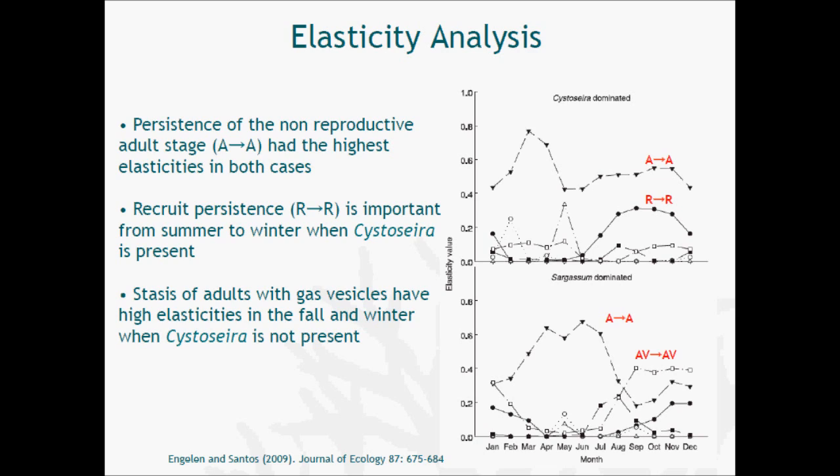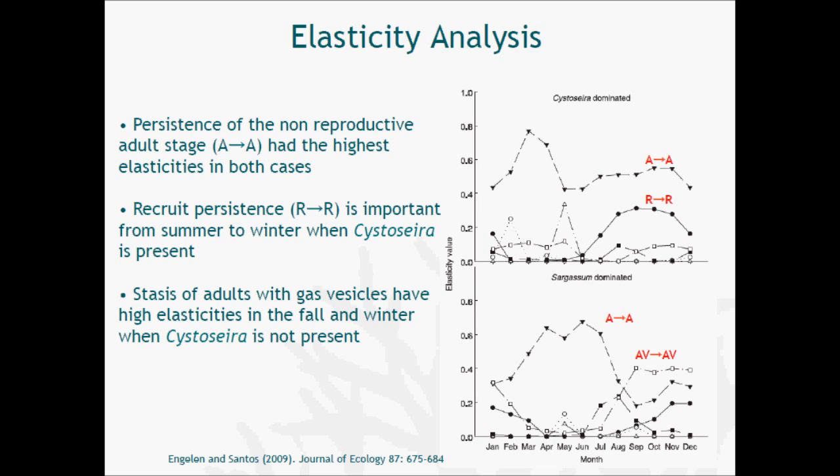And this is in the Cystoseira pool. So when it's competing with Cystoseira, the plant invests in the survival of the plants that are already there. And there is also another important transition, in summer and fall, which is the survival of the recruits.